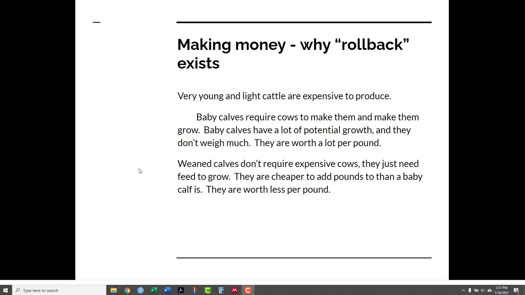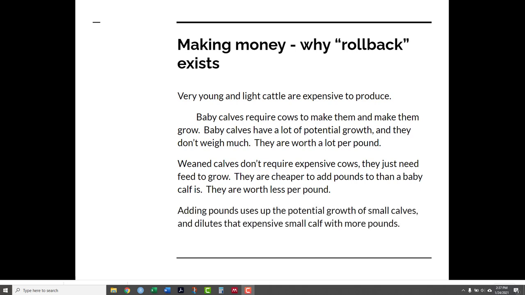They don't have as much potential growth in front of them left, and so they're worth less per pound, right? So adding pounds to an animal uses up the potential growth that exists in small calves, and it dilutes that expensive small calf by adding more pounds to it, right?